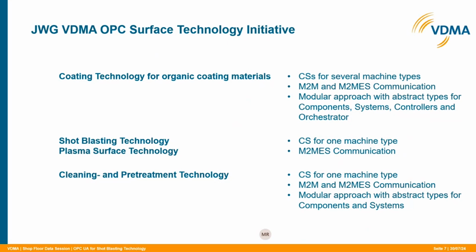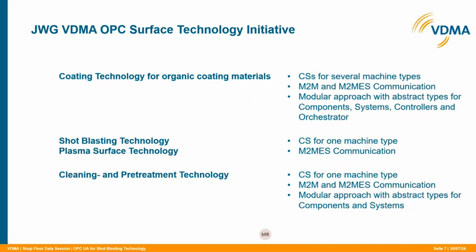So we will be drafting various companion specifications, and because these machines also have to interact closely among each other, we are also focusing on machine-to-machine communication and not only on machine-to-MES communication.